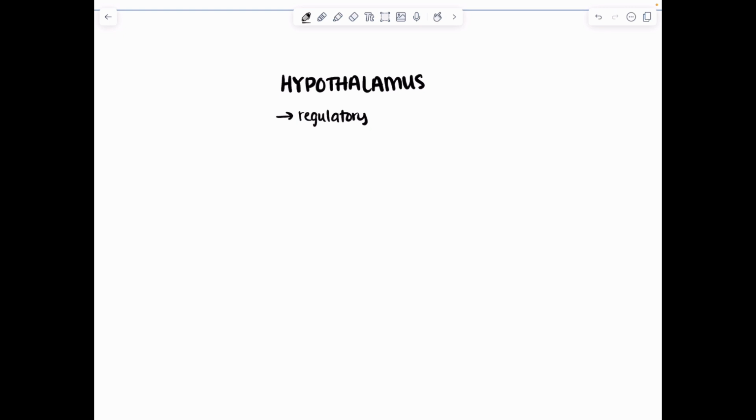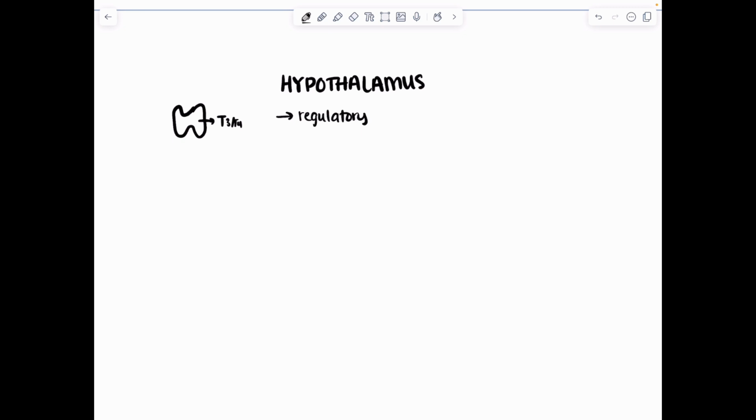So, for example, say I had the thyroid. Here's my thyroid. The thyroid makes T3 and T4, thyroxine.